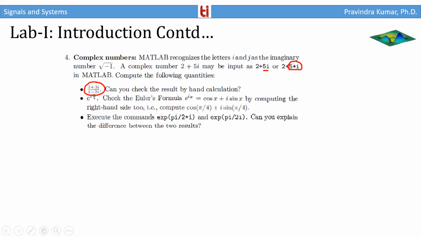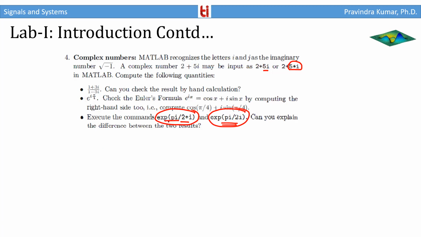The next question is e to the power i pi by 4. So simply you can write exp, the exponential, of i into pi by 4. And exponential pi by 2i, and exponential pi by 2i. Here these are two different things.